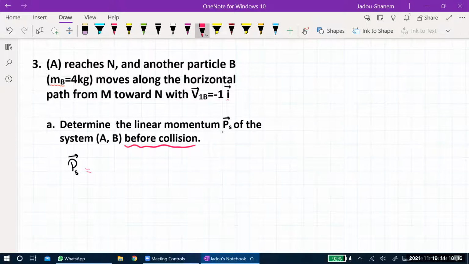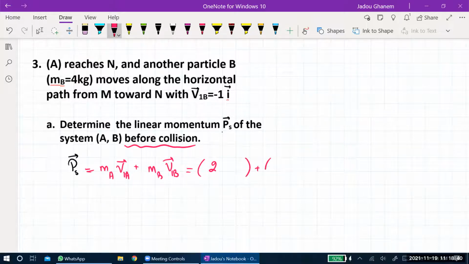So in part 3A, to find the linear momentum of these two particles before collision, we can just write P of S equals M of A V1 of A plus M of B V1 of B, and I'm writing these in vector form. The masses are given: A is 2 kilograms and B is 4 kilograms, multiplied by V1A.